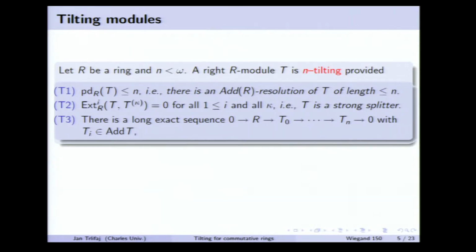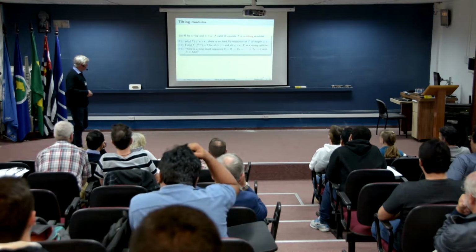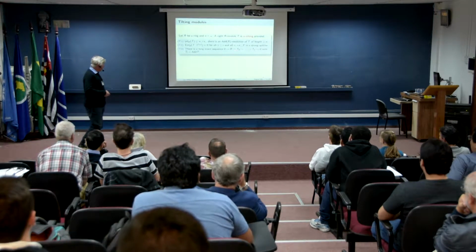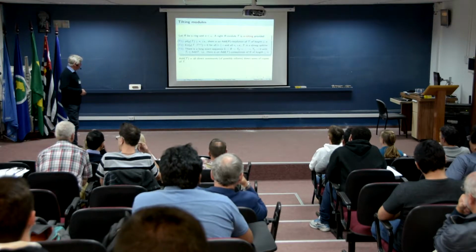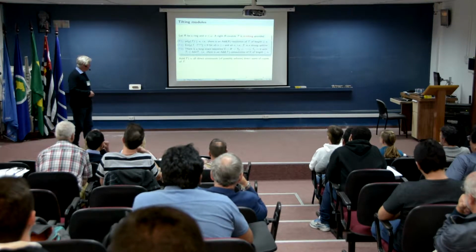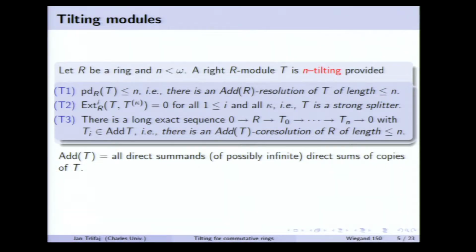So this is sometimes understood as a strong splitter property. And then the T3 condition is sort of dual to the T1. It says that there's this approximation of the regular module by the modules in the class Add T, where Add T means the class of all direct sums of possibly infinite copies of the module T.